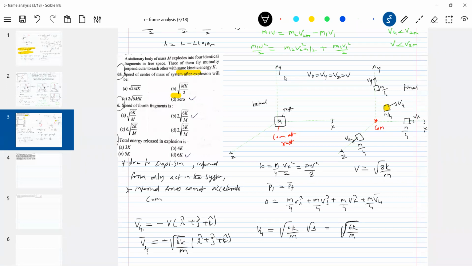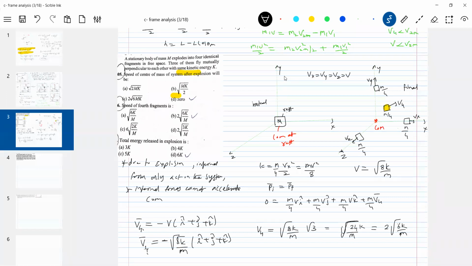Okay, some correction is there. 8k by m, so this will be 24k. I think now okay, fine. 4 sigma. So yeah, what he has given is correct.